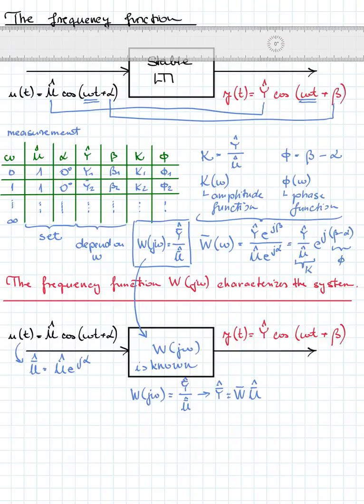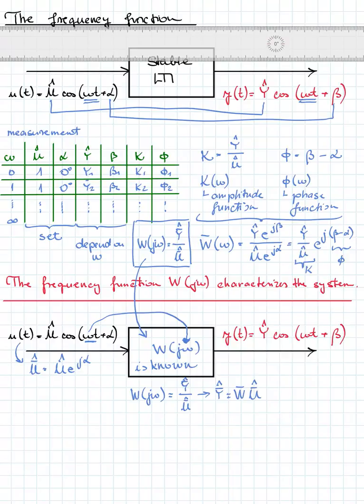So now we can see that omega is in the time function. We have not used omega yet, but now we have got a given value for omega, and we are going to put it to the frequency function, and this frequency function is going to tell us how this system is working at the frequency of the feeding.